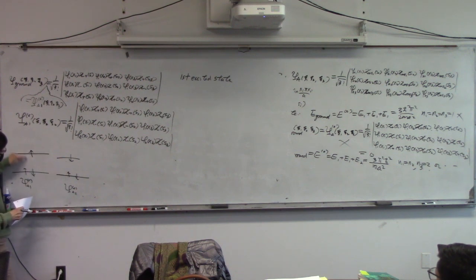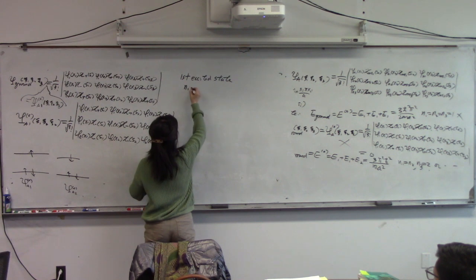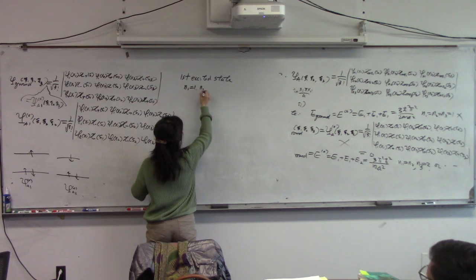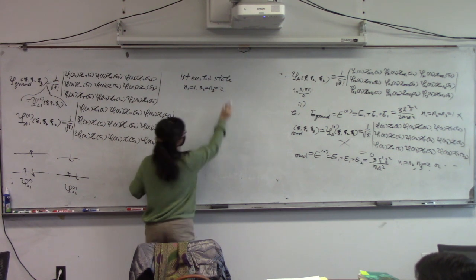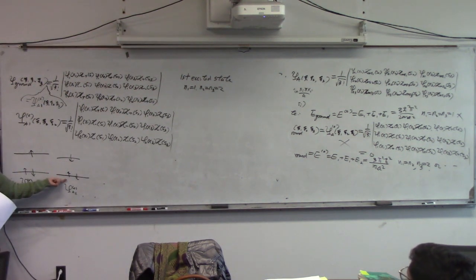Then you have another one that comes to here, and this one is 1. So that is N1 equal to 1, and N2 and N3 equal to 2. There are 2 particles going to level 2, and 1 particle going to level 1. This is the only possible choice. That energy is higher than this one, right?